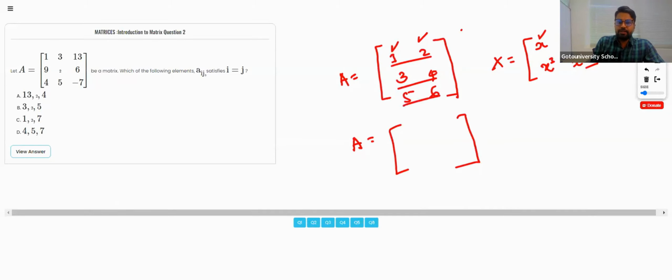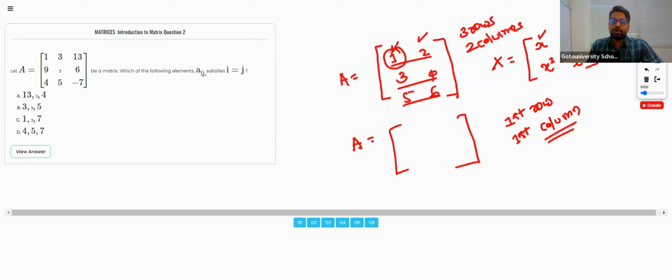So you see there are 3 rows in this matrix A and 2 columns in the same matrix, right? Now, if I want to take a particular number, instead of telling the actual number, I can give an address to that particular element. For example, this particular number 1 is in the first row and in the first column, right? Do you understand? So how to represent this?